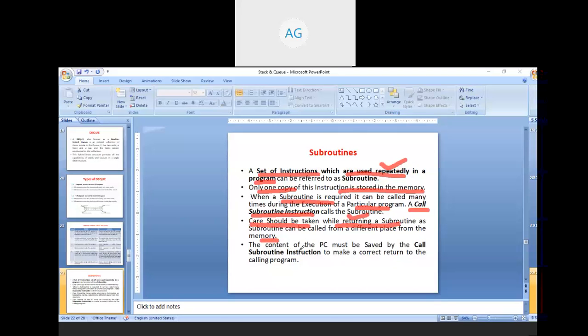The content of the program counter must be saved by the call subroutine instruction to make the correct return to the calling program. So these are some of the important points related to the subroutine. Let us discuss it in detail in the next slide.